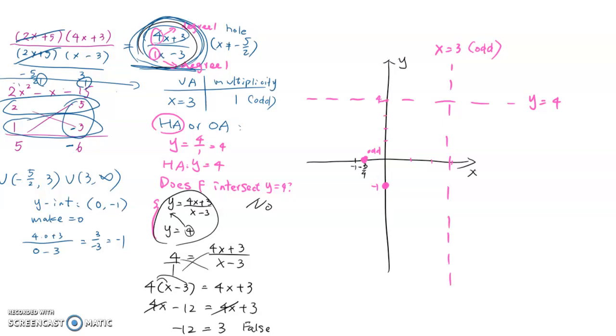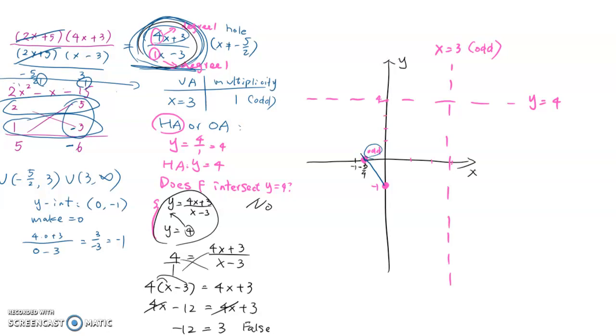Alright, so we can start graphing. It's pretty obvious we have to connect these two points, the x-intercept and the y-intercept. Since the multiplicity for this x-intercept is odd, our graph will pass through this x-intercept.